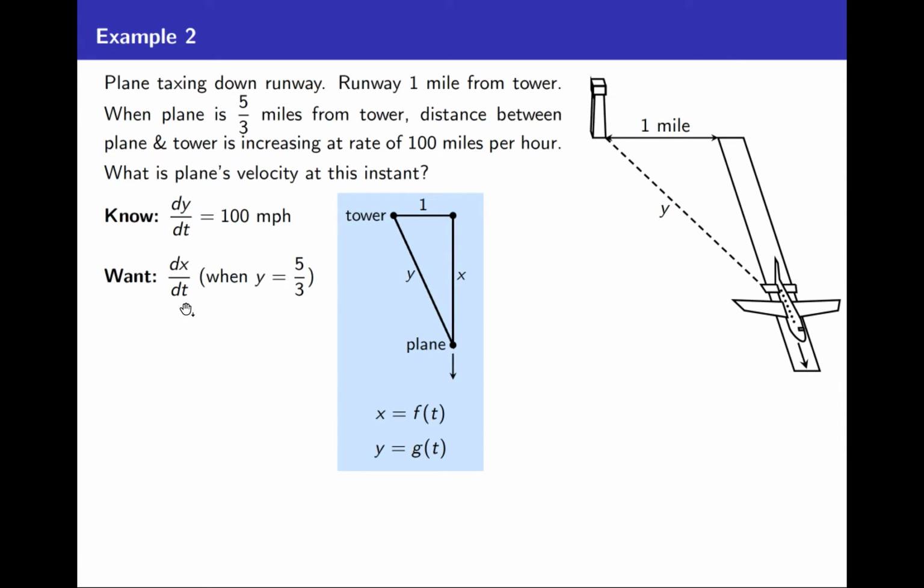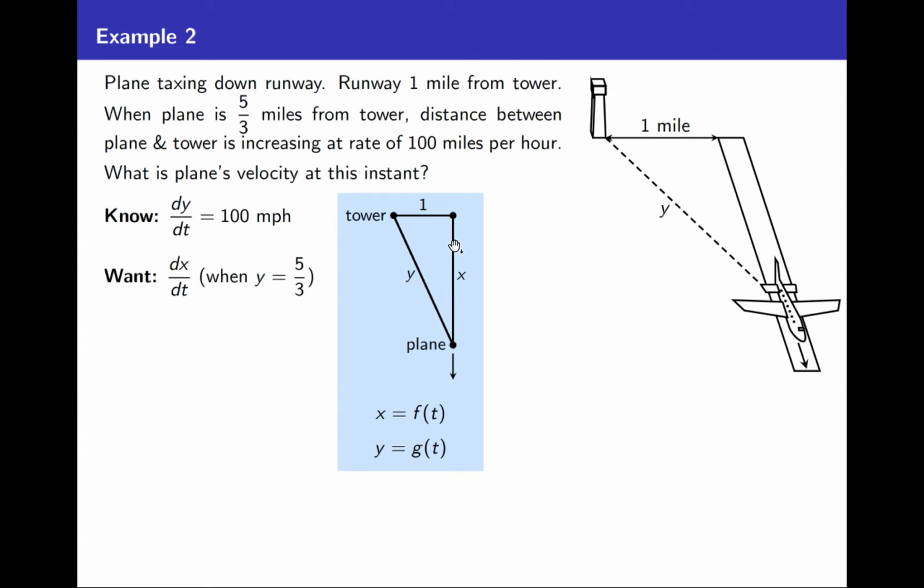We want dx/dt at the precise instant that y is 5/3, when the plane is 5/3 of a mile from the tower. So at this point, we've identified the rate that we know, dy/dt, and we've identified the rate that we want, dx/dt. So our next step would be to seek out an equation relating the quantities x and y.